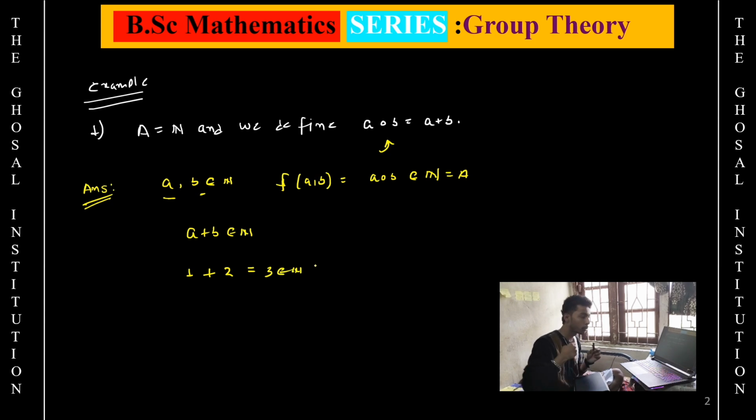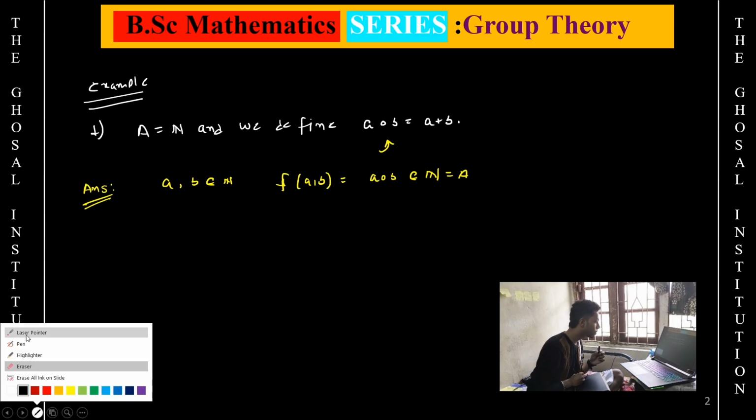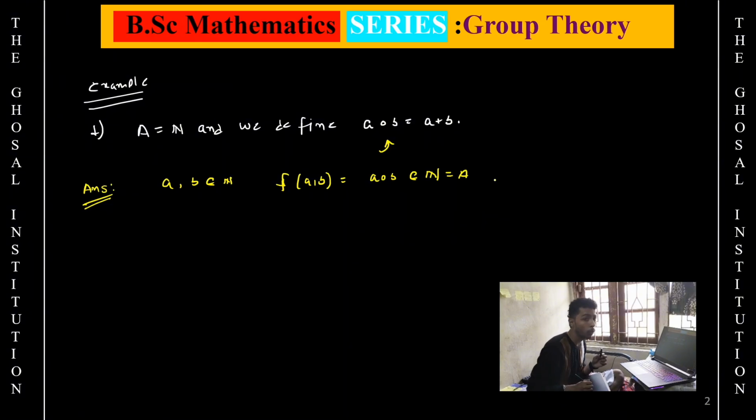So it is always true that for any a, b belonging to the natural numbers, a composition b, meaning a plus b, is also in the natural numbers. And this is true for all a, b. So it means this composition, this circle, forms a binary composition.